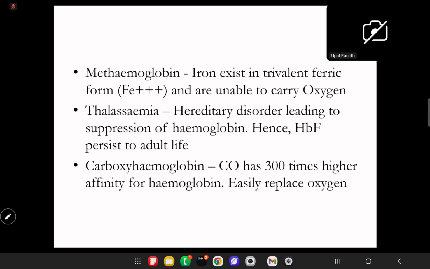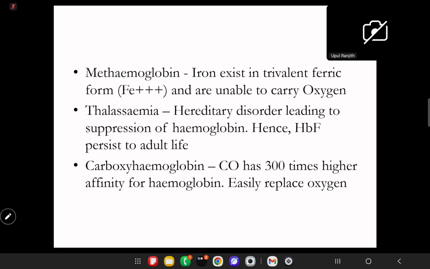Then carboxyhemoglobin. Carbon monoxide has 300 times higher affinity for hemoglobin, so it can easily replace oxygen. Carbon dioxide has 20 times higher affinity for hemoglobin.